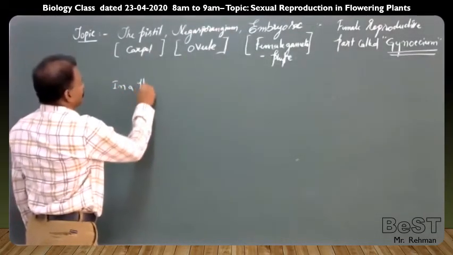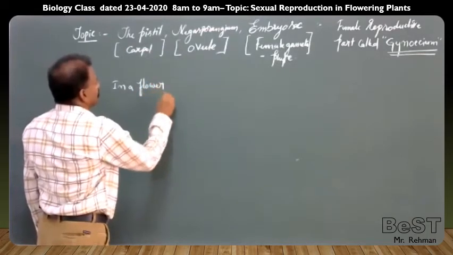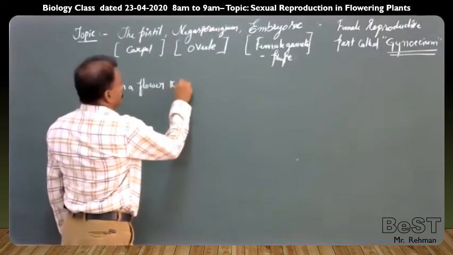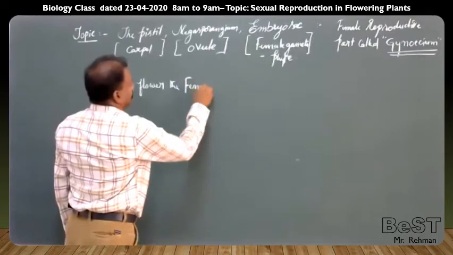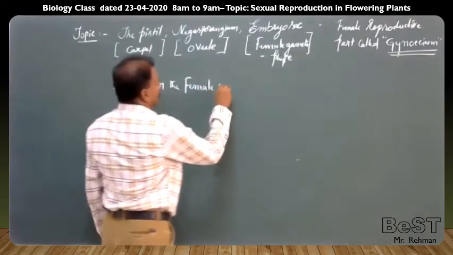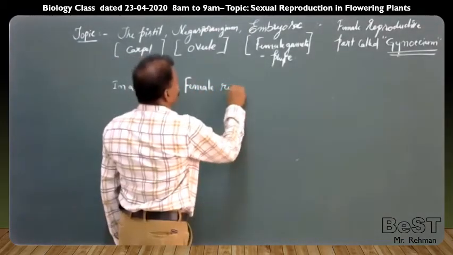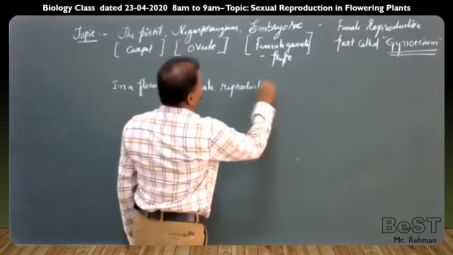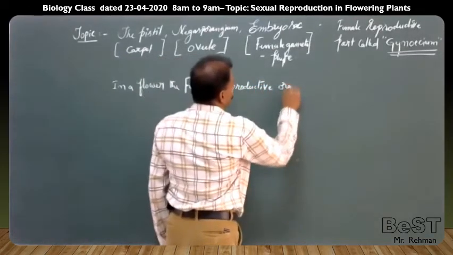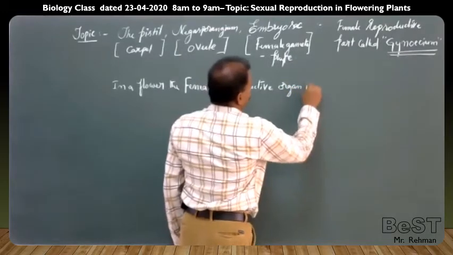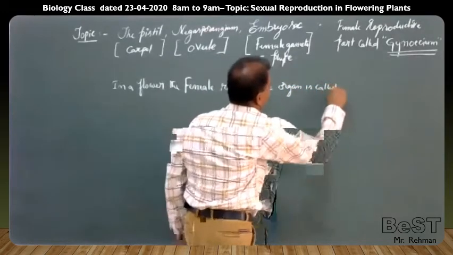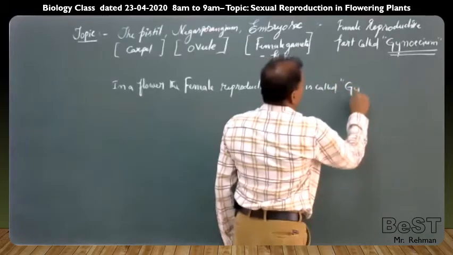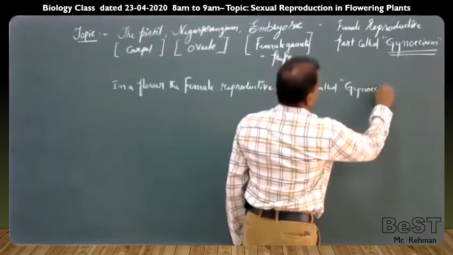In a flower, the female reproductive part is called gynoecium.